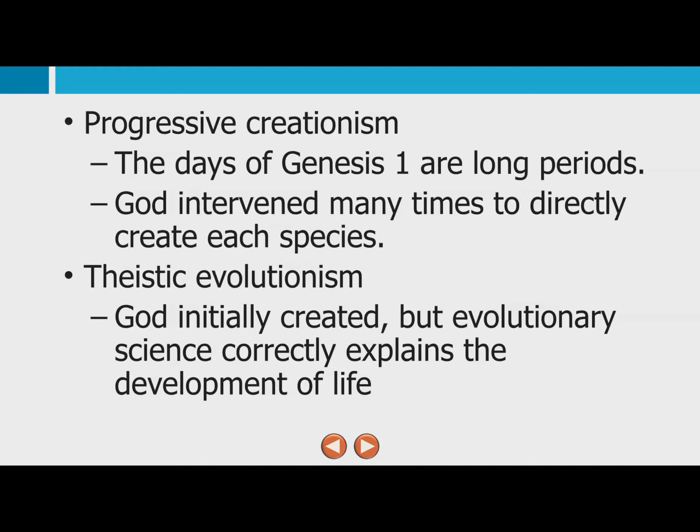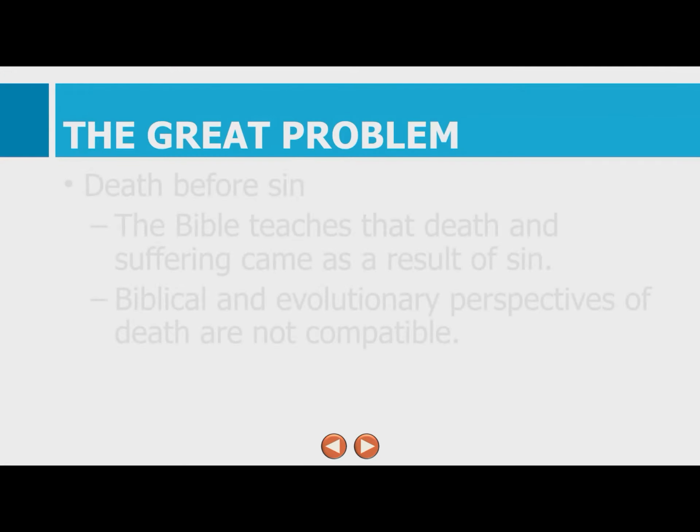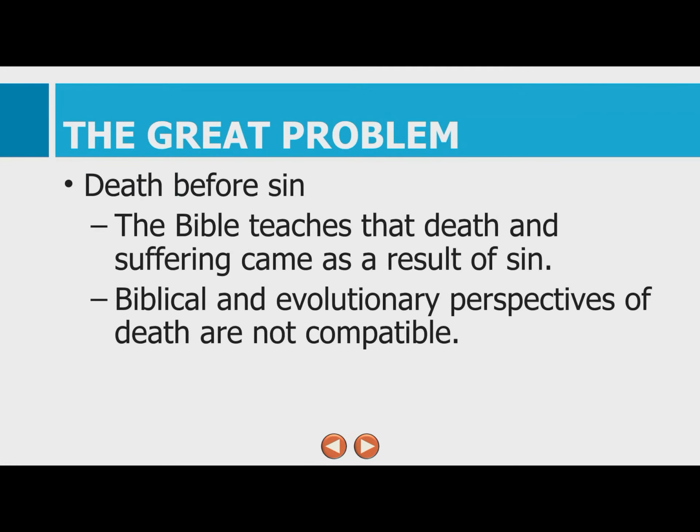So it's basically God using the vehicle of evolution to give the development of life on Earth. I actually went to school with a girl who believed this in Bible college, and so this is something that is very, very prevalent in our society today, especially in churches, and some of the people you may know may believe this.